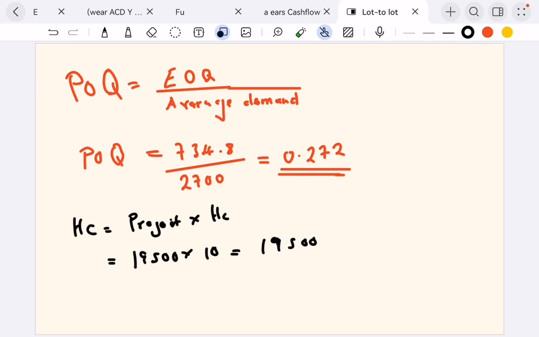Okay. Then we also need to find the ordering cost. What is the formula for the ordering cost?